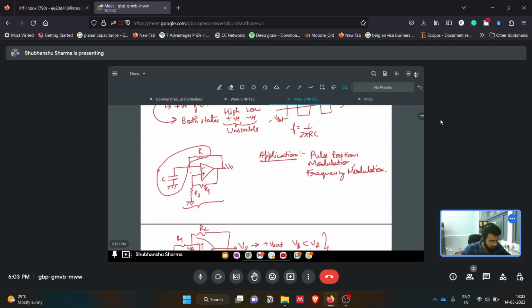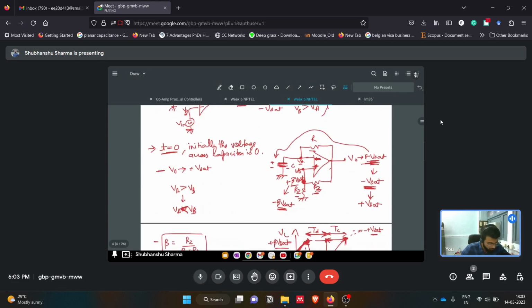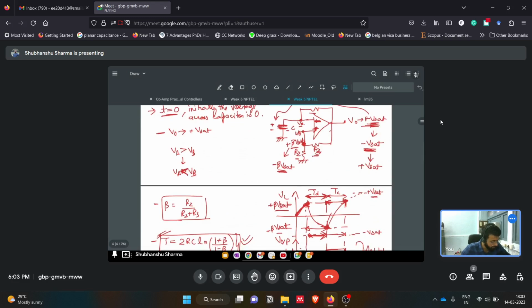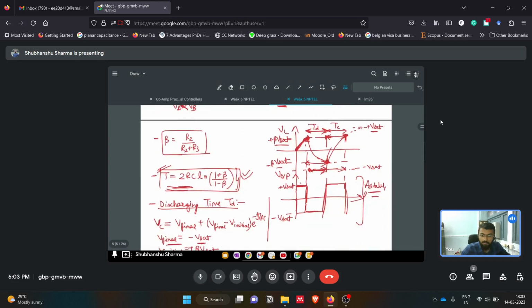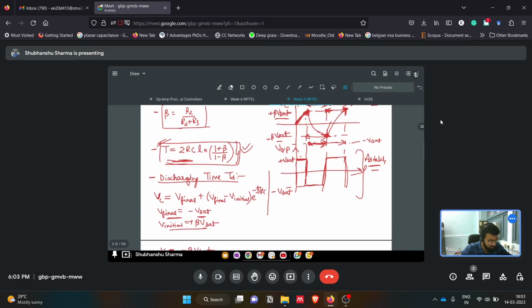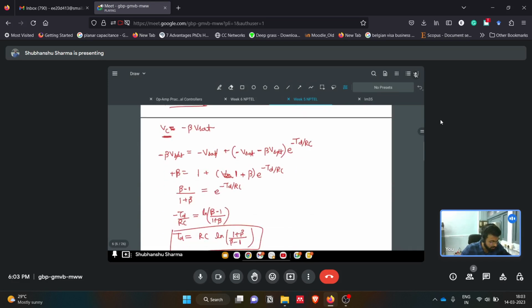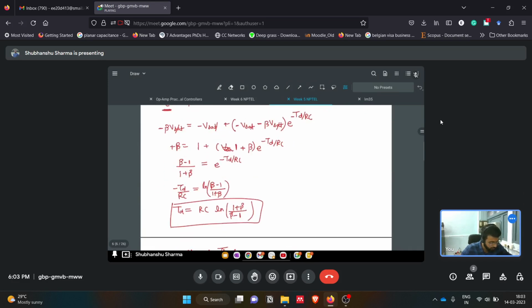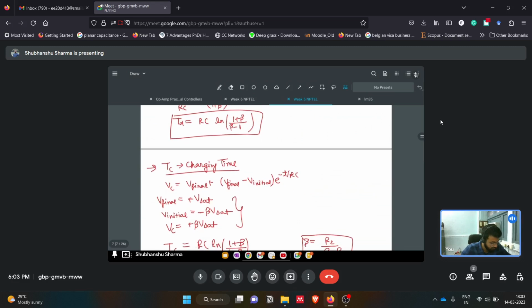Then we saw their applications, their working, and the different waveforms. We also saw the charging and discharging time periods, and we derived an expression for the discharging time and the charging time.